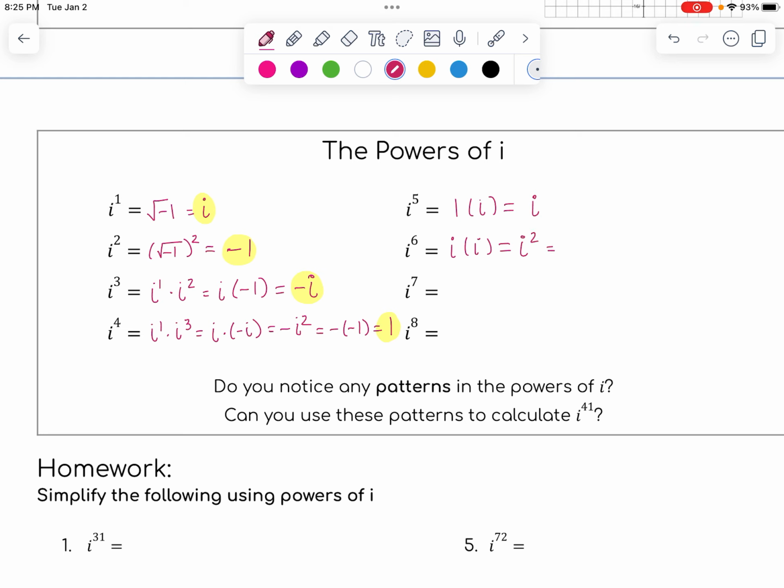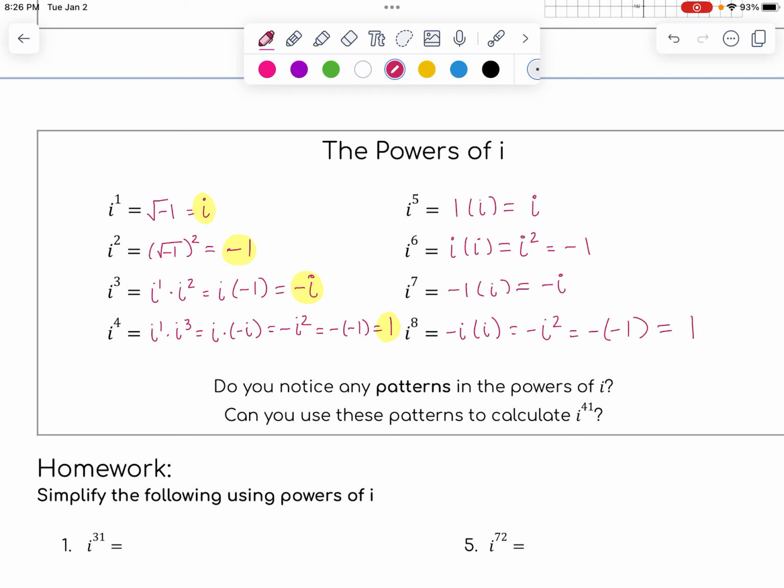But what we just learned is that i squared really simplifies to negative 1. i to the seventh would be like i to the sixth times another i, so that would be negative 1 times i, which is negative i. And then i to the eighth would be i to the seventh times another i, so that would be negative i times i, which would be negative i squared, which would be negative negative 1, which is positive 1.